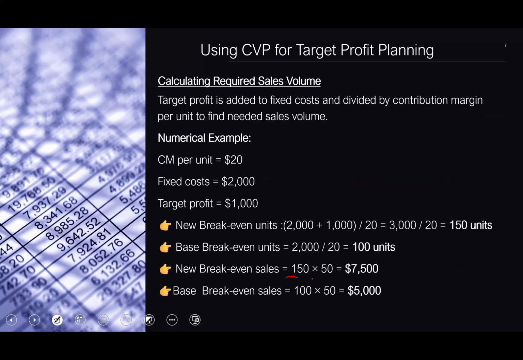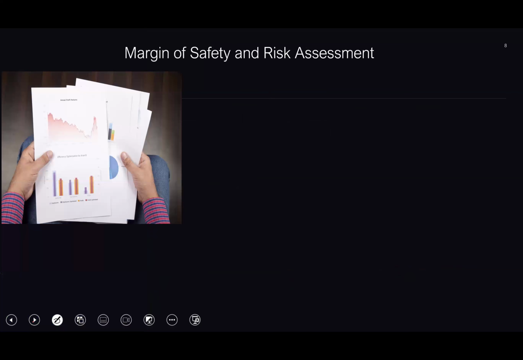For example, in order to make $1,000 of target profit, given that your sales price was $50, remember your contribution margin came from $50 of price and $30 of variable cost, if you sell each unit at $50, you would require this as your revenue. If I make $7,500 worth of sales versus the original sales at break-even point, my sales need to go up by $2,500 if I want to make an additional $1,000 of profit at home.